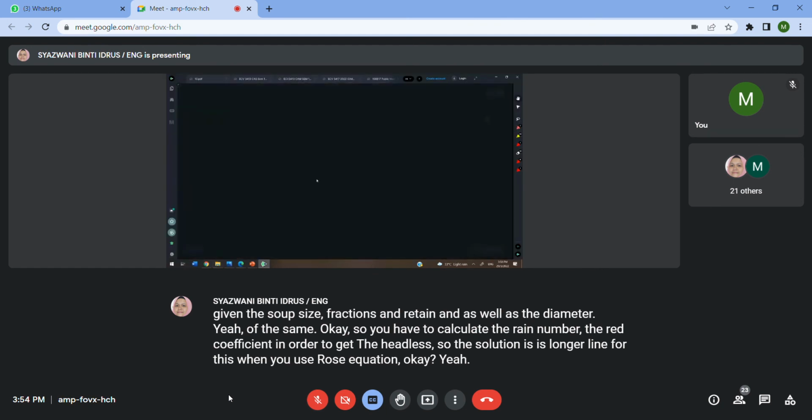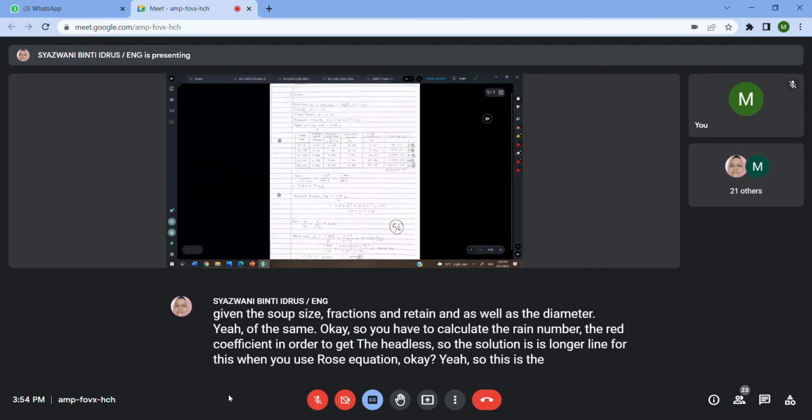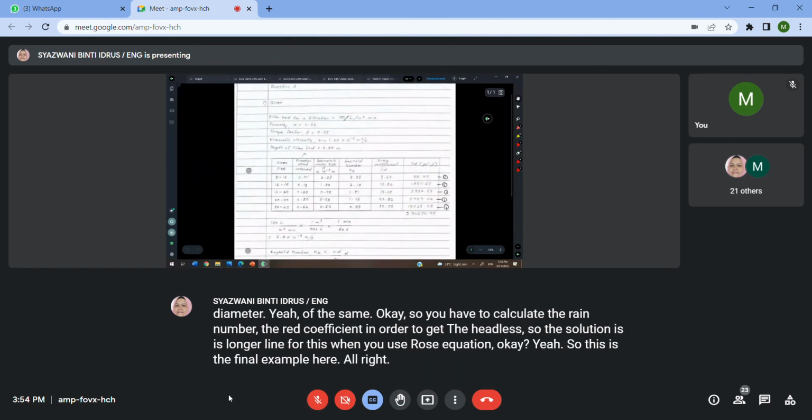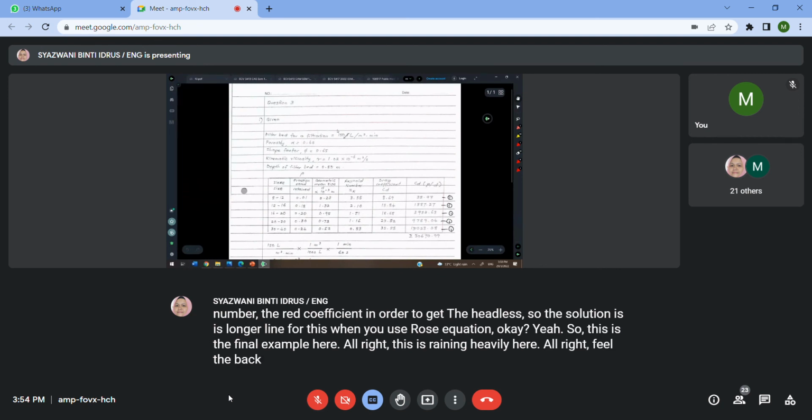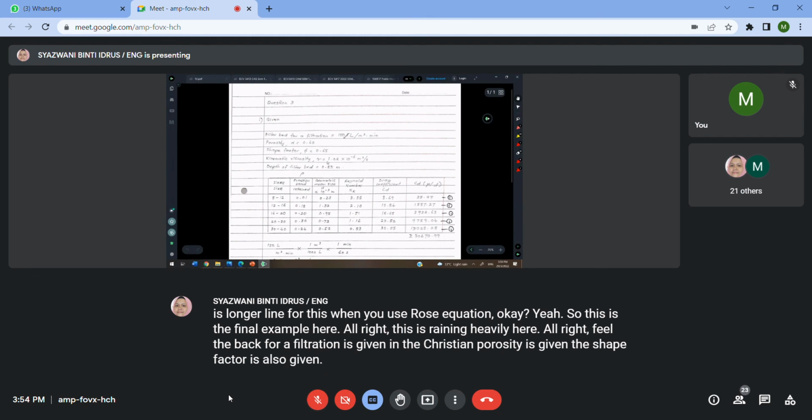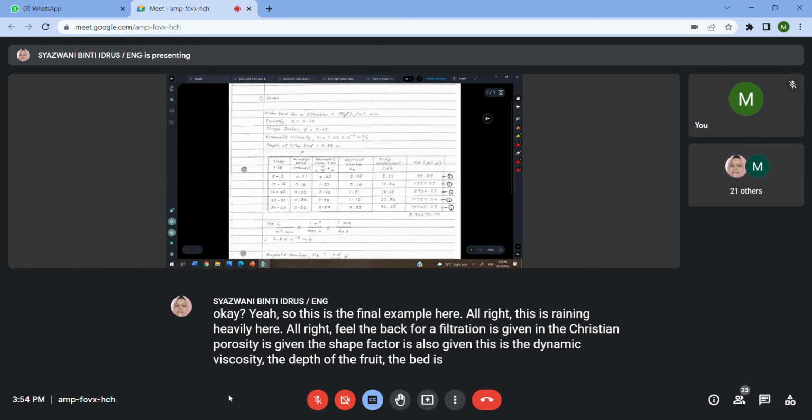So this is the final example. The filtration rate is given in the question. Porosity is given. The shape factor is also given. This is the kinematic viscosity. The depth of the filter bed is 0.85.